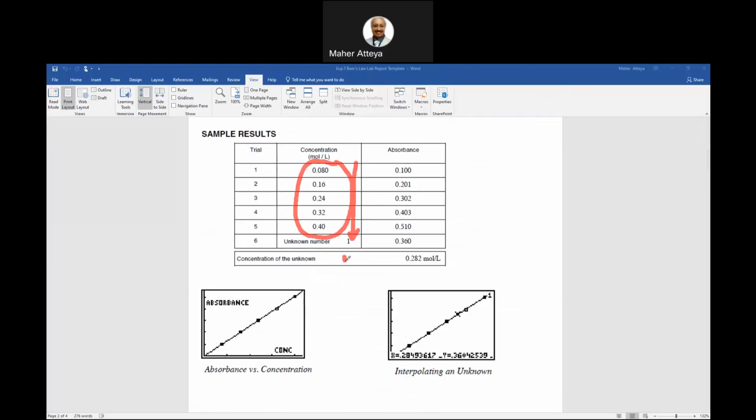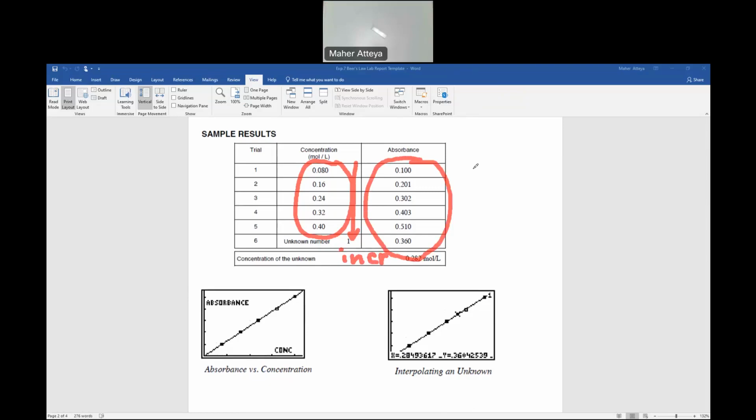This is an increase. You can see the same trend in the absorbance. As the concentration increases per liter, so does the absorbance. Both of them are directly proportional.